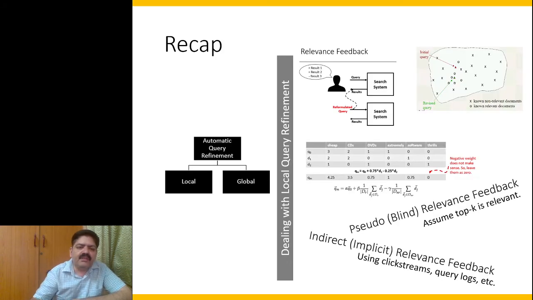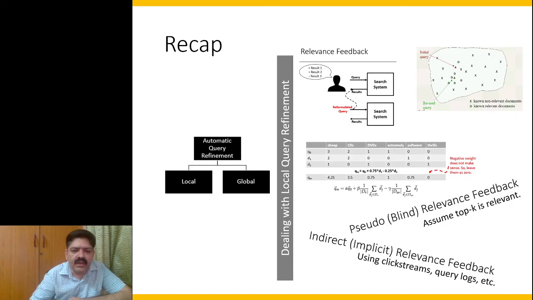So let's recap. We are talking about automatic query refinement, and query refinement can be local or global depending on whether they are user and query dependent or not. On the local query refinement side, we talked about the relevance feedback algorithm from Rocchio, where we move the query vector towards relevant documents. We talked about this formulation of the relevance algorithm, and we worked out an example.